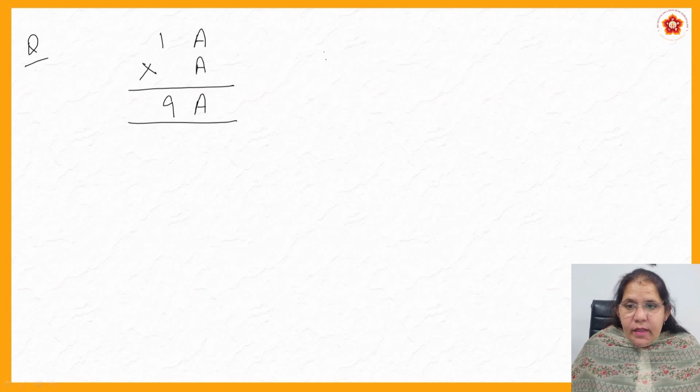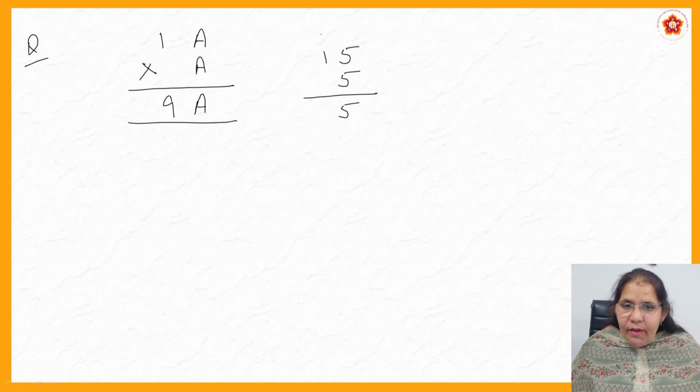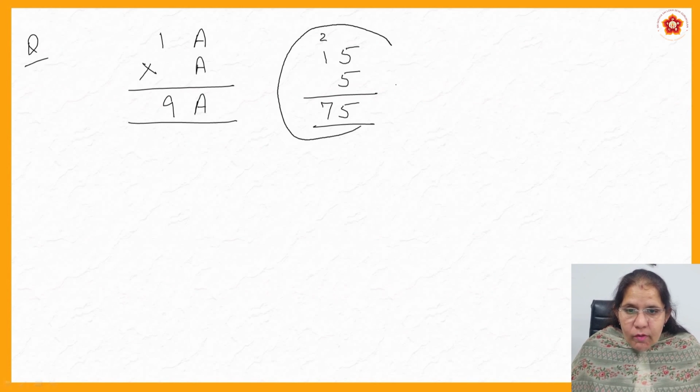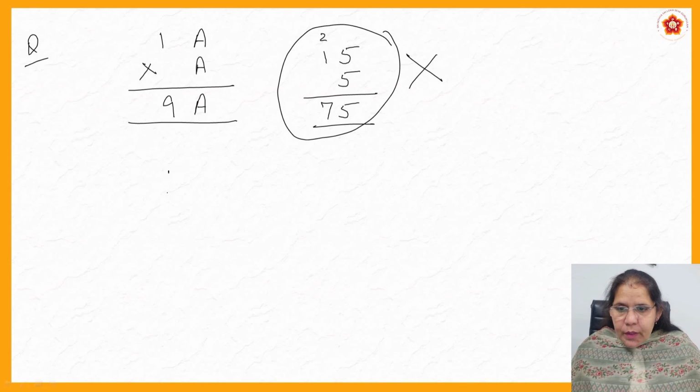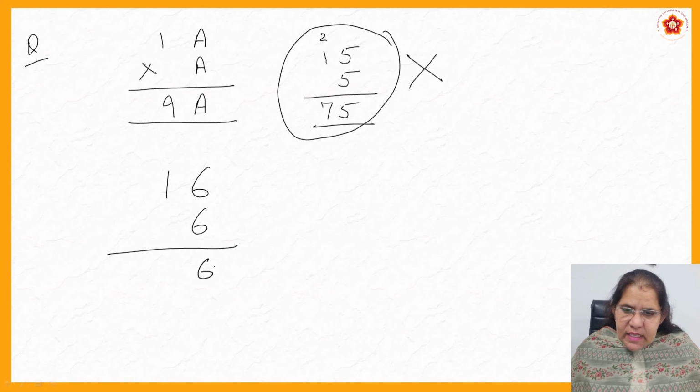Let me try it with 5. If I take 5 here, what will come? 5 5s are 25, 2 carry, 5 1s are 5 and 2 is 7. But we are supposed to get 9 here. So 5 is also not possible. We rule it out. What about 6? 6 6s are 36, 3 carry, 6 1s are 6 plus 3 is 9.